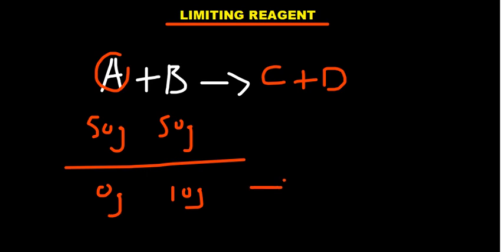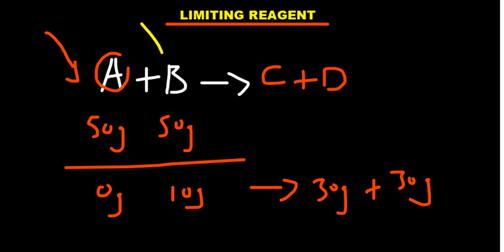On the other hand, you have 30 grams of C and 30 grams of D. So what does this mean? This means that in such a reaction, A is the limiting reagent or the limiting reactant because it finishes faster before the other reactant. The one that doesn't finish is referred to as the excess reagent.